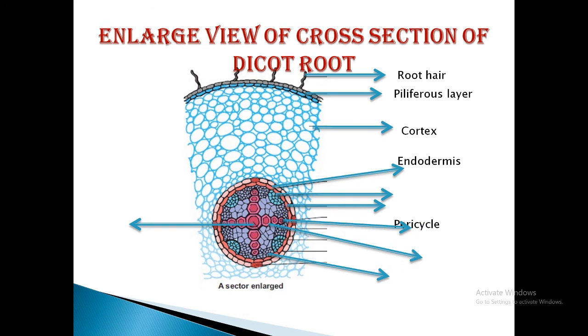The next region is the pericycle. Just below the endodermal region, there is the pericyclic layer. It means the layer next to the endodermis is known as the pericycle.